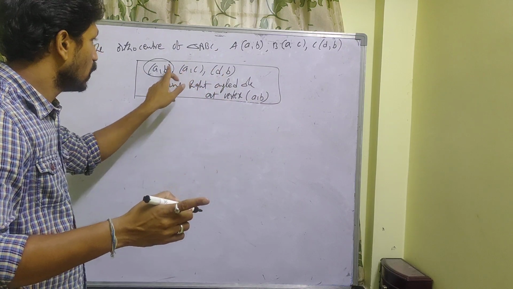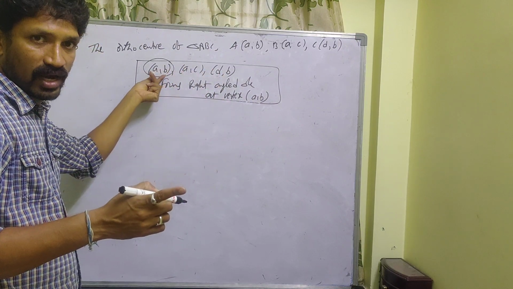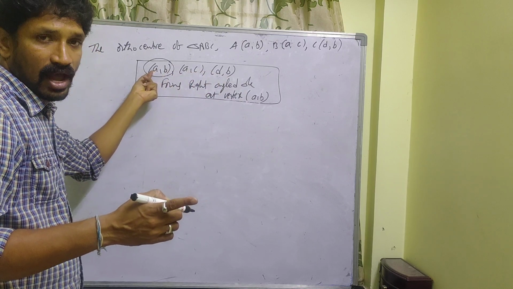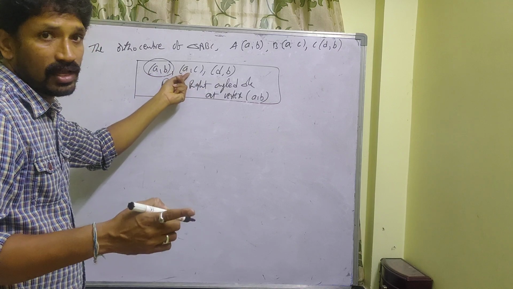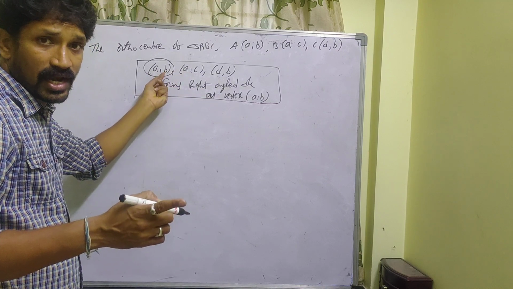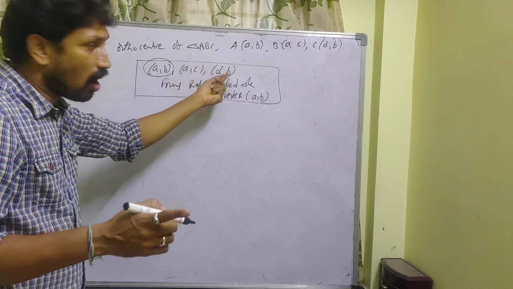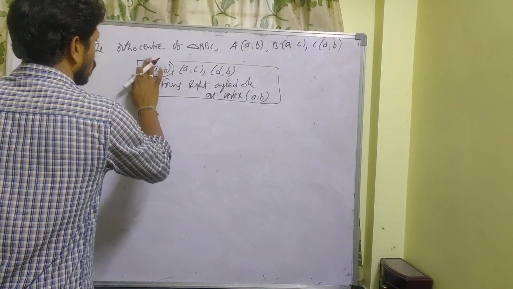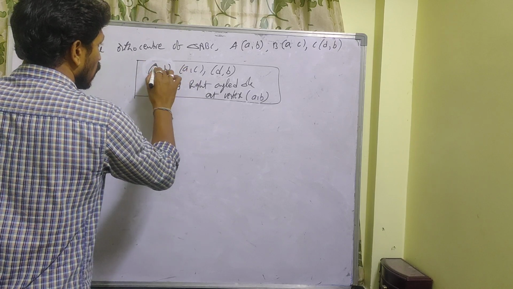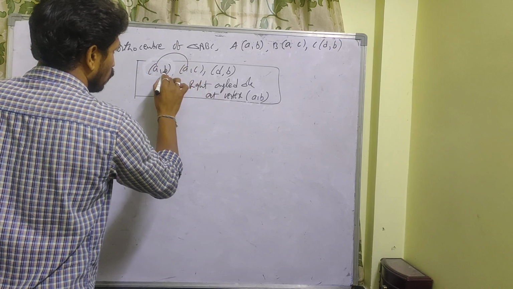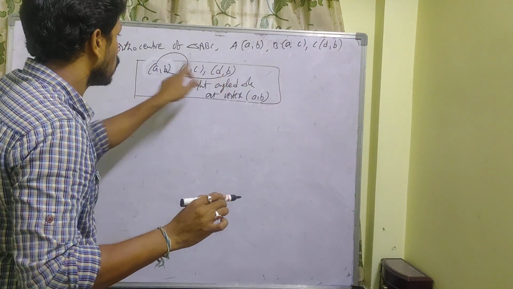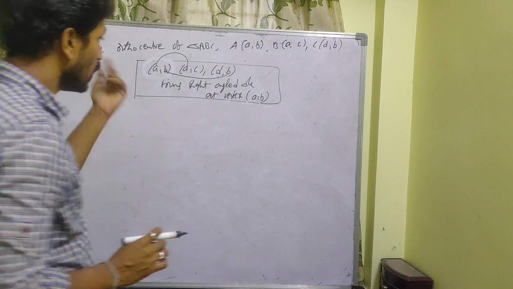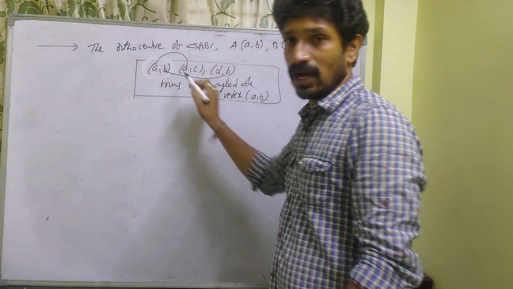If for suppose our point (a, b), (a, c), (d, b), here a is the abscissa, that is the x coordinate of this point, and this ordinate is the y coordinate of the third point, then these three form a right angle triangle. Once you see the diagram, these two abscissas are equal and these two ordinates are equal, then this forms a right angle triangle, and the right angle vertex is (a, b).